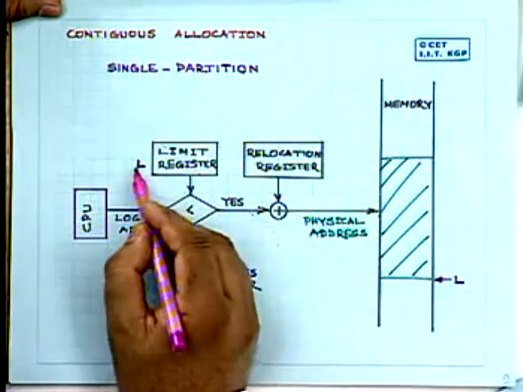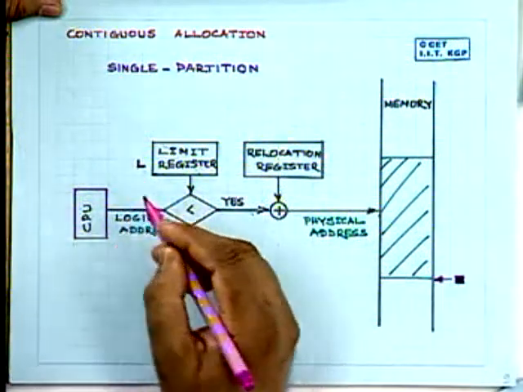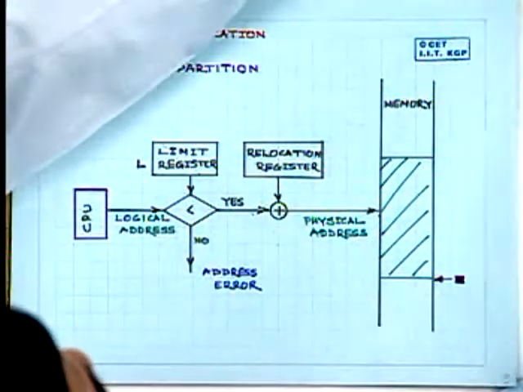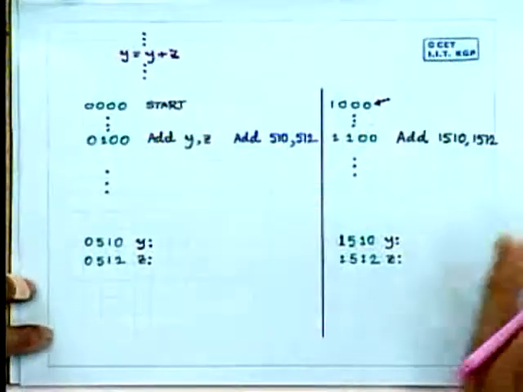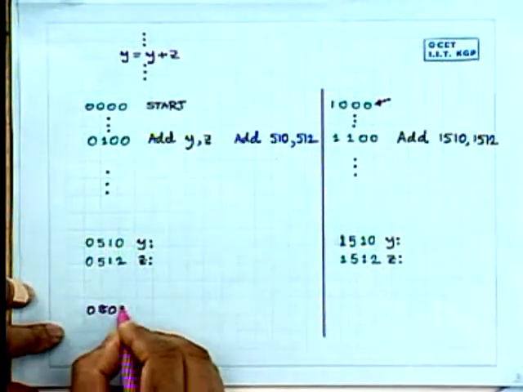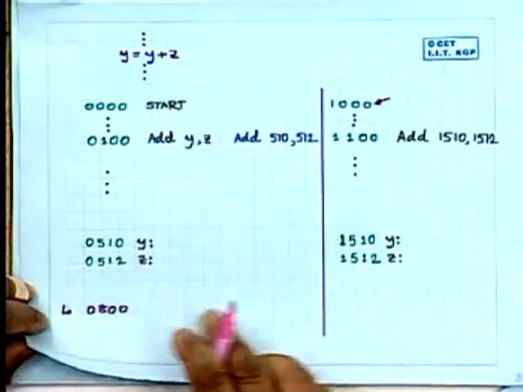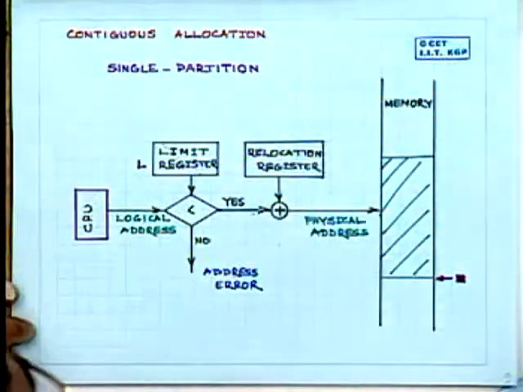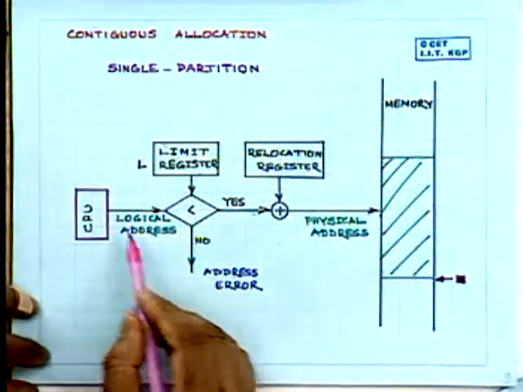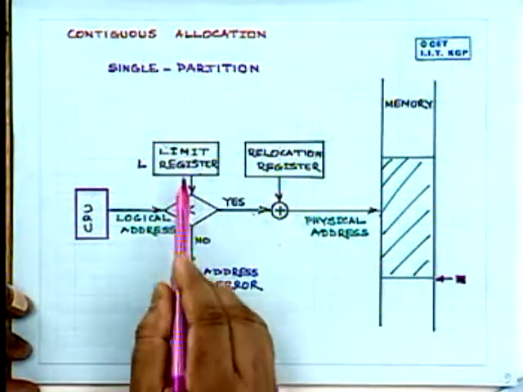I should clarify, this L is the end of the logical address. That means if the program ends at the location, say, 0800, then this is L. Therefore, first it checks whether this logical address is less than the limit register or not.